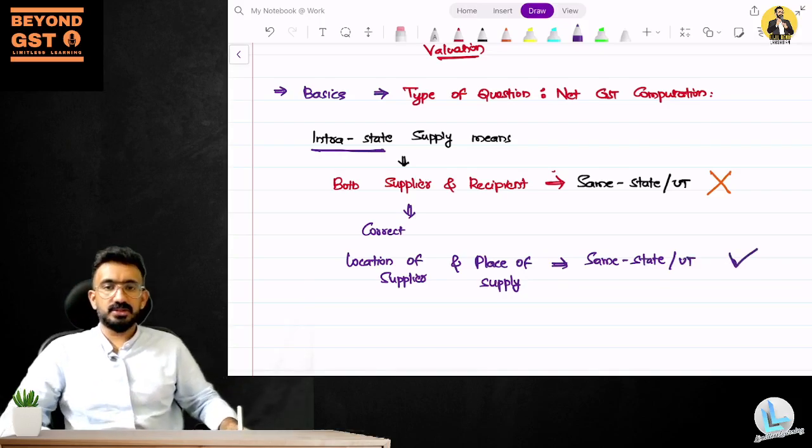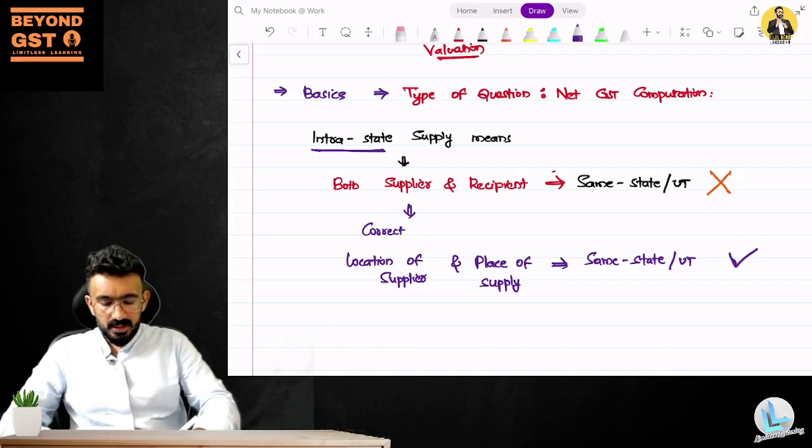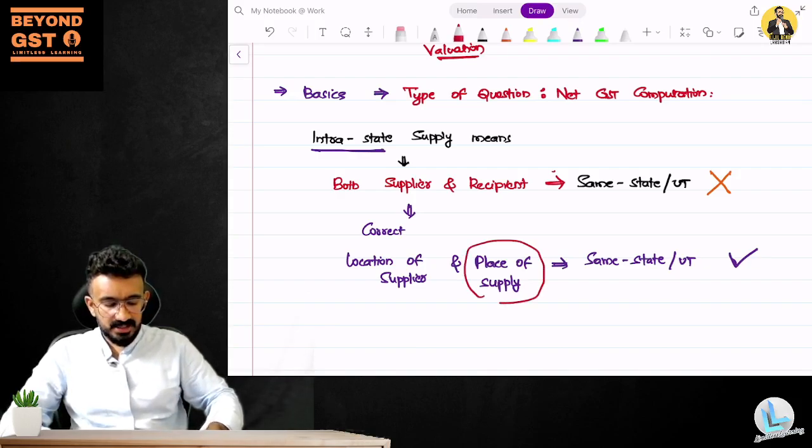This is the correct understanding of it. Generally, place of supply is location of recipient only. However, in some cases it can be different.